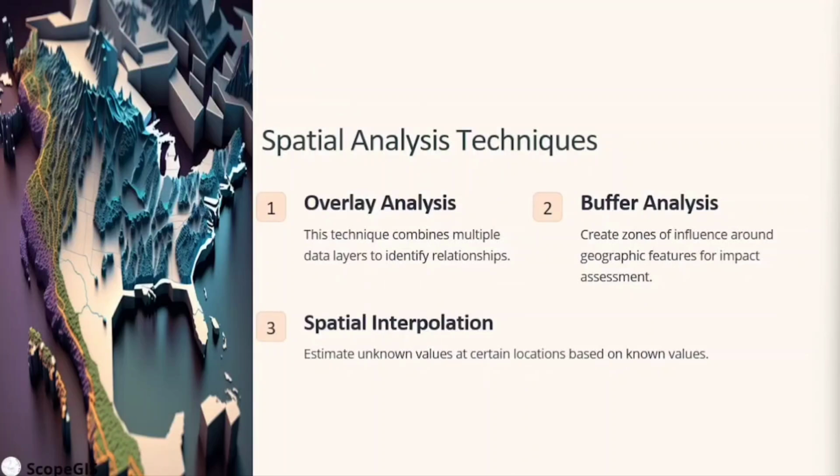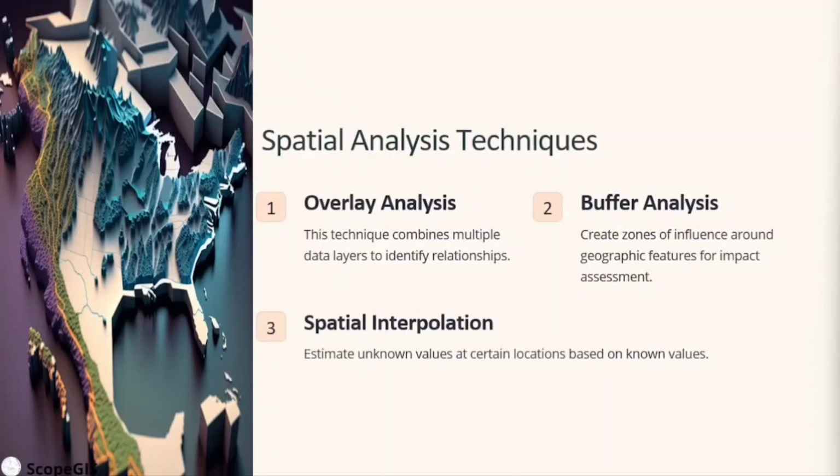So a typical example is in the field of land use planning. So let's say you have a local government that is planning a new park and needs to consider existing use of land and soil types and population density. So what you can do with overlay analysis is to combine multiple layers such as land use maps, soil type maps, and population density maps.